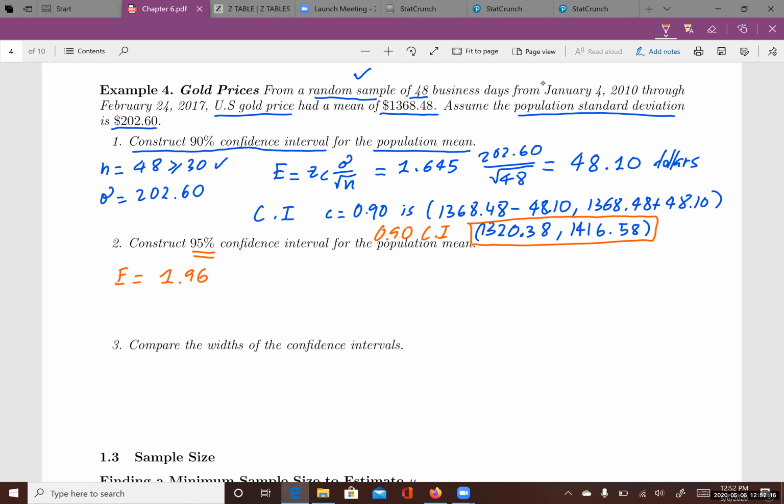And you multiply by 202.60 over the square root of 48, and you get 1.96 times that, about $57.32.